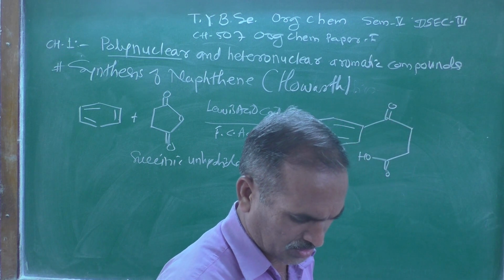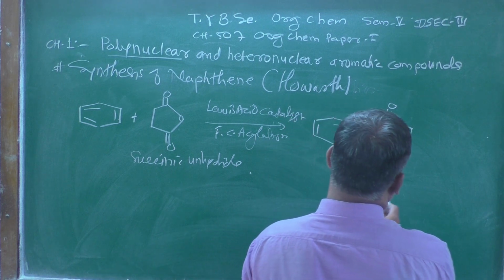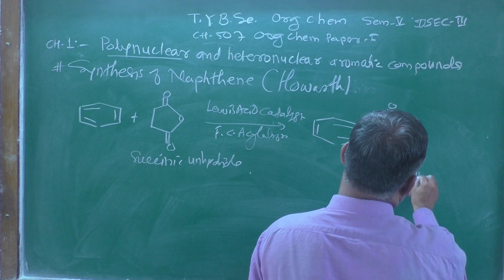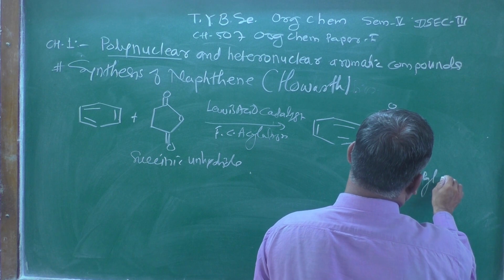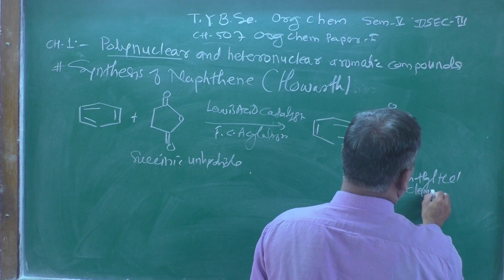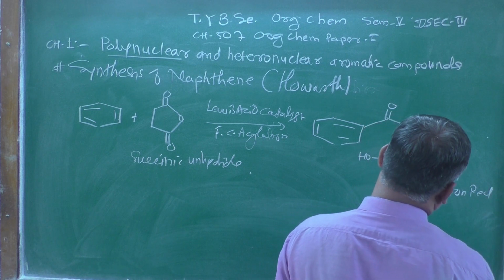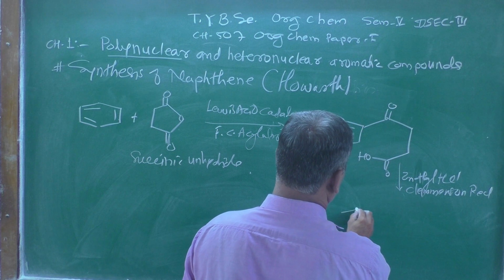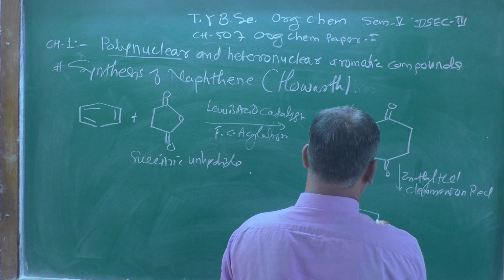So this compound is known as beta-benzoylpropionic acid, and when this compound is further treated with ZnHg in presence of HCl, which is known as Clemmensen reduction, this carbonyl group gets converted into hydrocarbon.